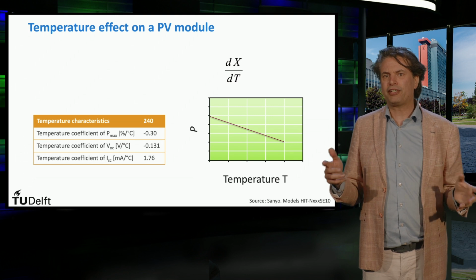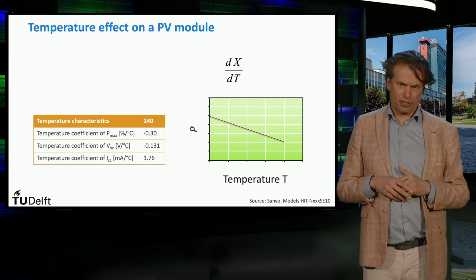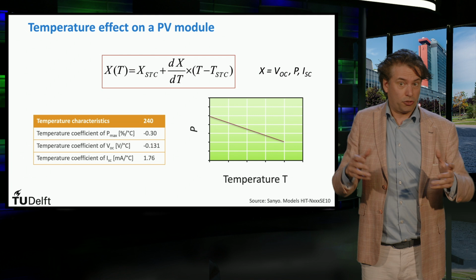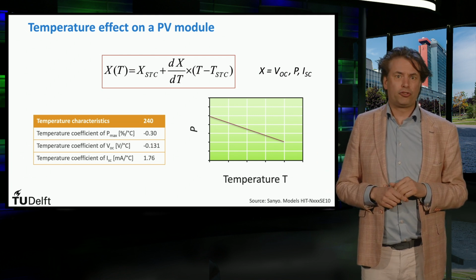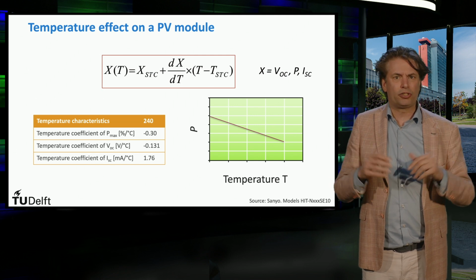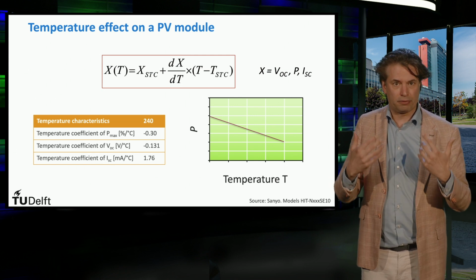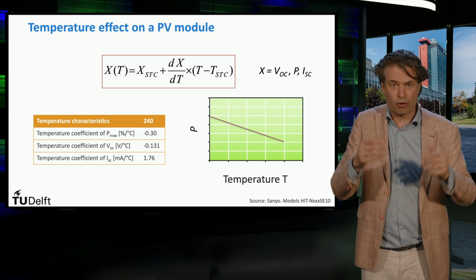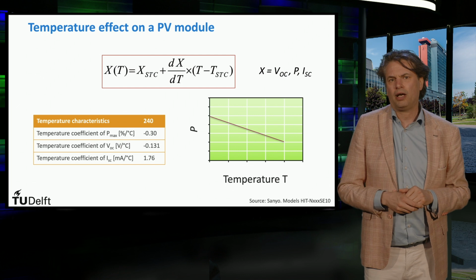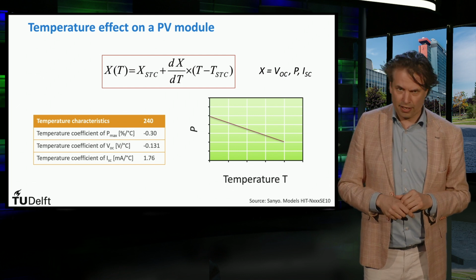Given these coefficients, how do we calculate the PV output with respect to temperature change? We can use this simple equation. The term dX/dT denotes the temperature coefficient of the particular parameter, being the open circuit voltage, the power or the short circuit current. Let's take a look at an example.